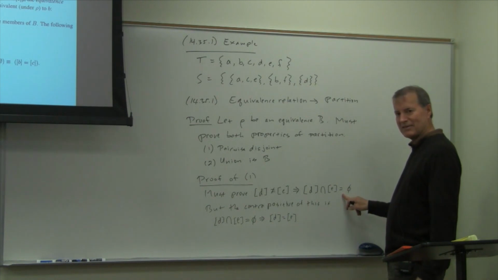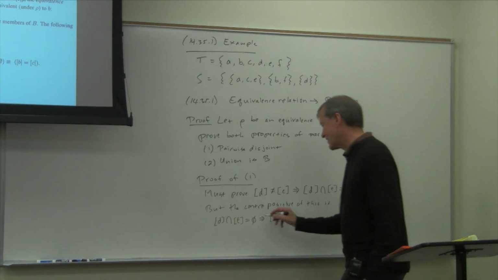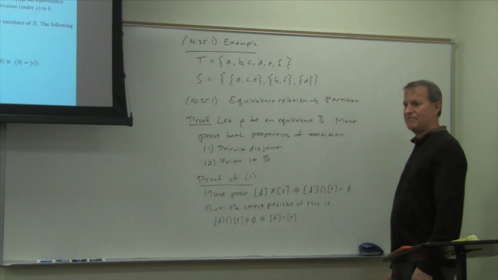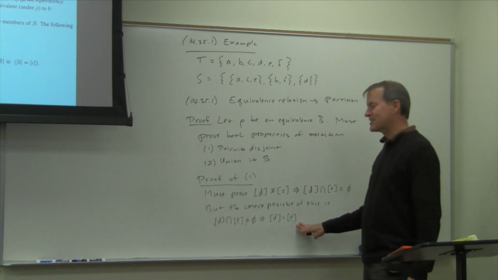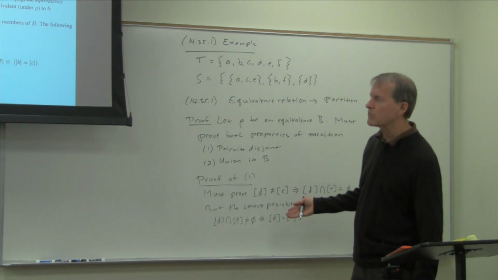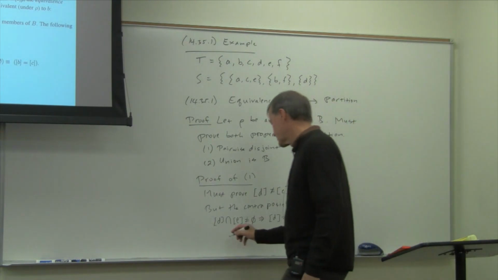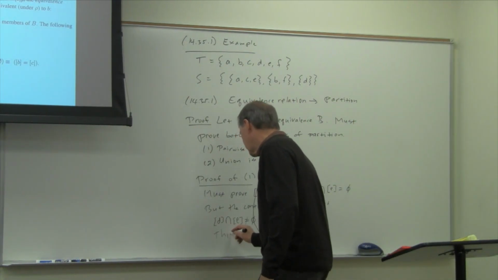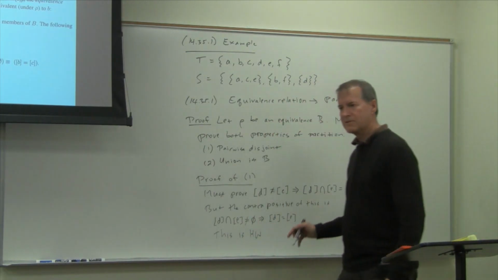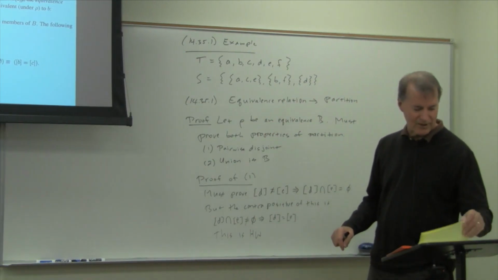I was mistaken here. The contrapositive of this is this implies this. Okay, now we're good. This is proved as part of the homework. So assuming that you do the homework, we've done that one, and now what?